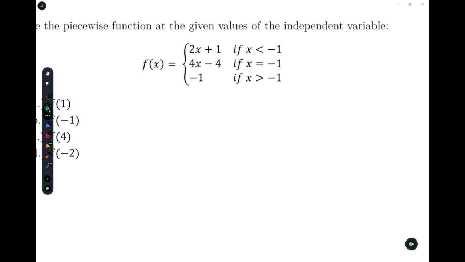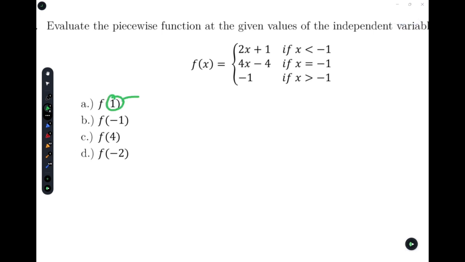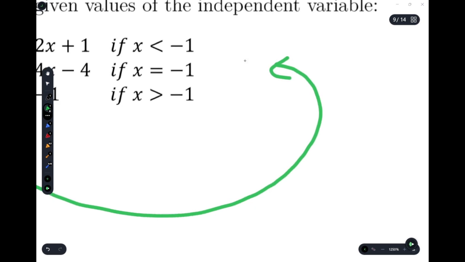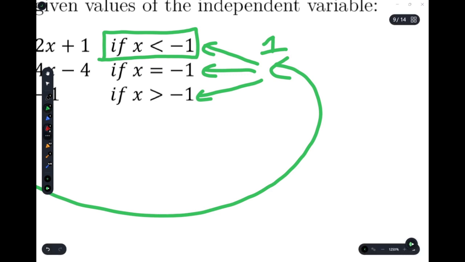Or what's another thing that sorts things? It's a sorter. It takes the number and it sorts it, just like the coin, into the one of the 3 that matches. So what number did I just take? Does 1 sort with less than negative 1?